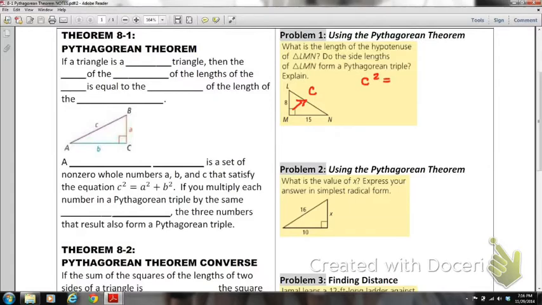So c squared equals a squared plus b squared is the Pythagorean theorem. It doesn't matter which one of these is, the 8 and the 15, it doesn't matter which one is a and which one is b, because you're just squaring them and adding them, so the order doesn't matter.